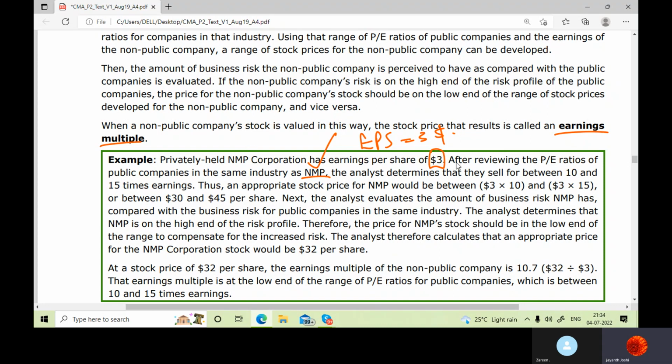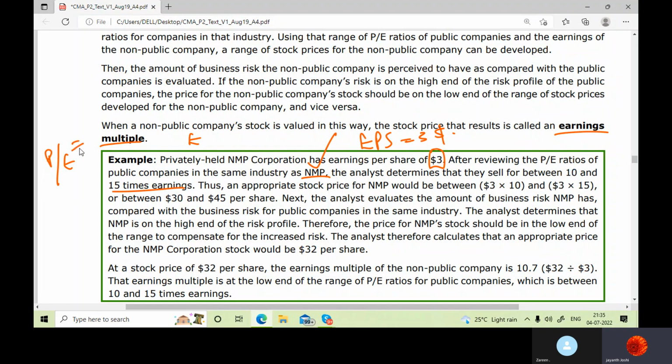The analyst determines that they sell for between 10 and 15 times earnings. Price to earning ratio is market price by EPS. After reviewing the PE ratios of public companies in the same industry as NMP, the analyst determined they sell for 10 to 15 times.